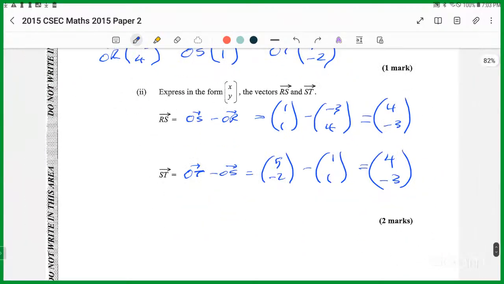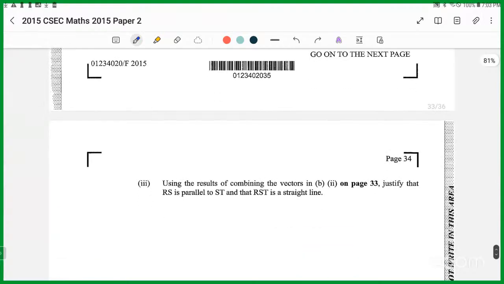Let's see what they want us to say. It says, using the results of combining vectors in B2 on page 33, justify that RS is parallel to ST and that RST is a straight line. Let's write them out.